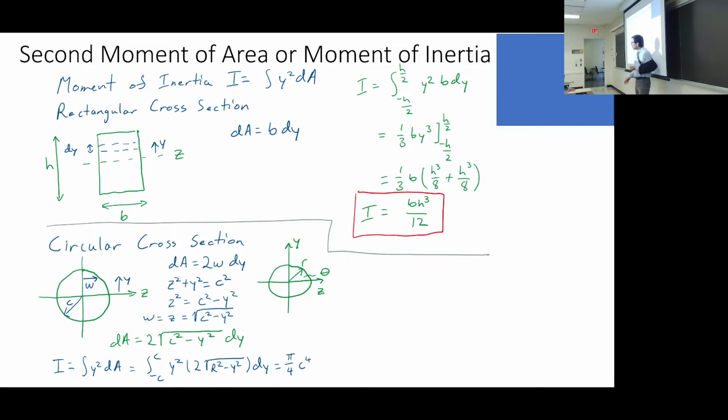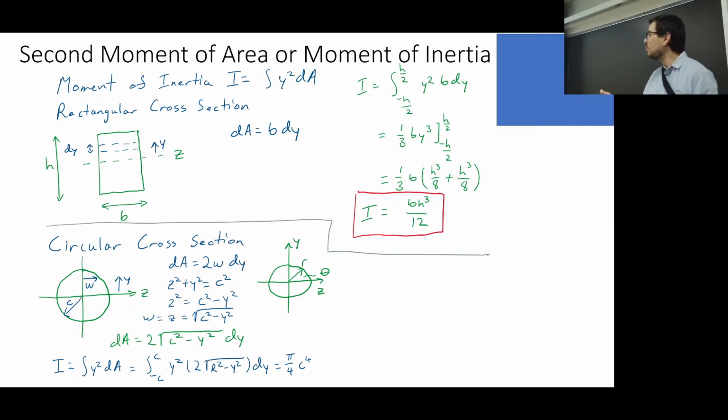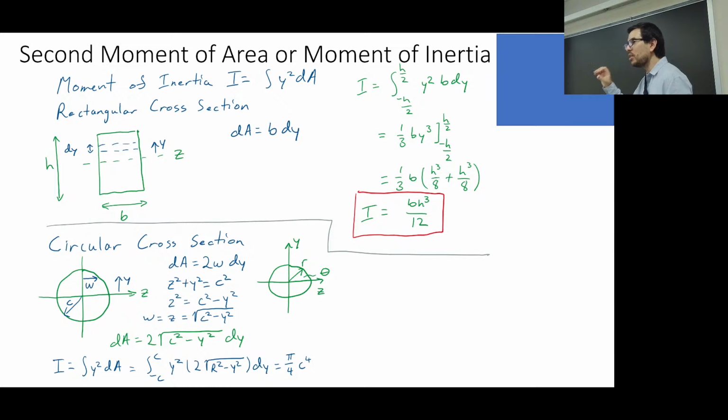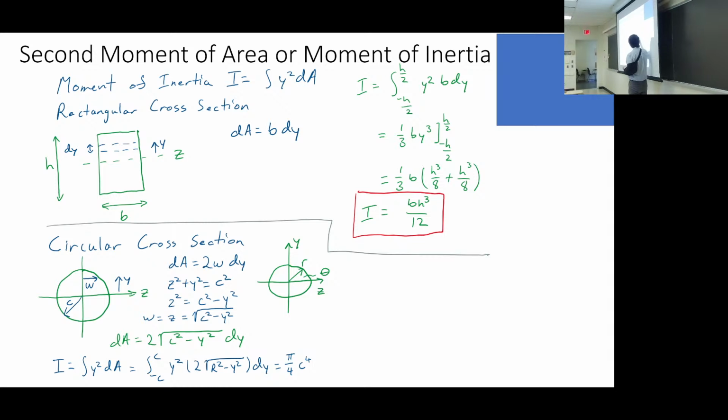Remember we talked about the scaling of how much load a beam can support? 1 over h squared is that relationship. We said it was 1 over thickness squared, 1 over the width to the first power, and then with L. Actually, I guess I got it flipped. If I make it twice as thick, it's going to be 4 times as strong. If I make it twice as wide, it's going to be twice as strong. If I make it half the length, it's going to be twice as strong.